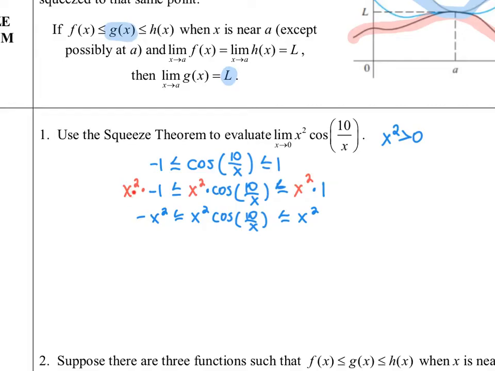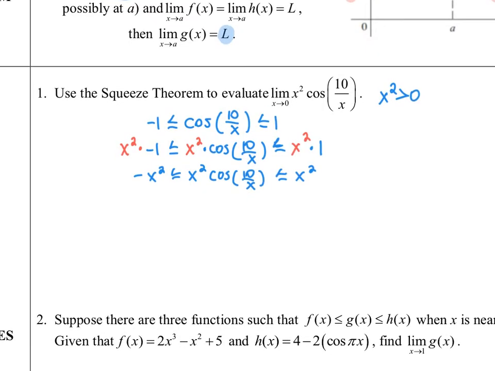So here I'm multiplying each part of my compound inequality by x squared, and it gives me this statement right here. My next move is to find the limit as x approaches 0, because that's what I'm trying to find, of each part of this compound inequality.